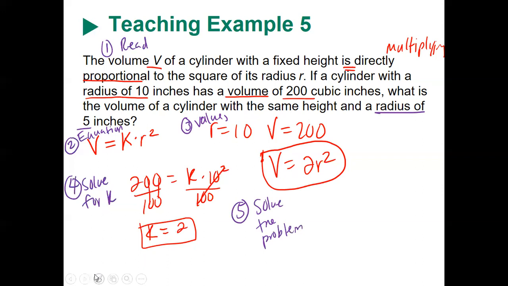R is the radius. It says radius of 5, so V equals 2 times 5 squared. So what is V? 2 times 25, which is 50. The volume equals 50 cubic inches.